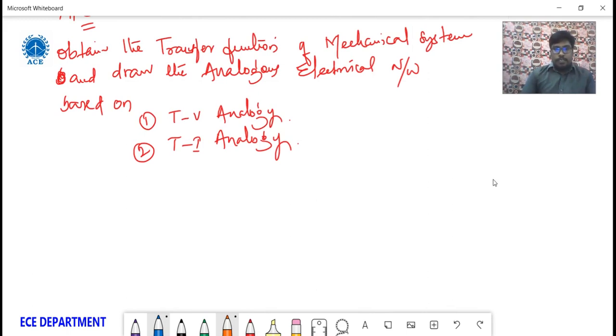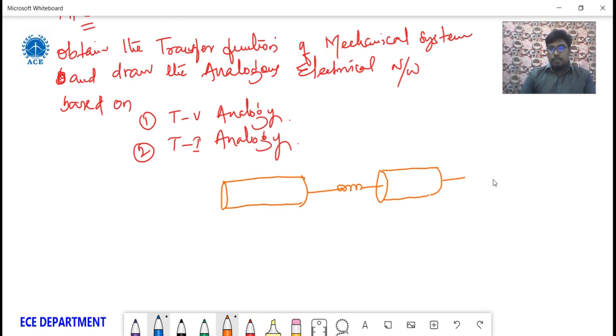The given rotational system is given here. Here a spring element is connected, and here another inertia element is connected, and a dashpot, and this is connected to ground.